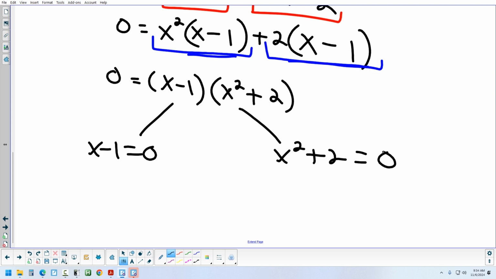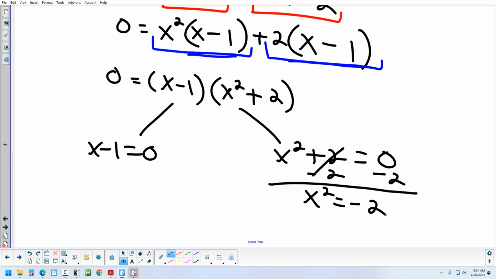Let's start with the second one. What would be my first step to get the x squared by itself? Subtract 2. So that's your first step. And now, what would your second step be? You would square root both sides.